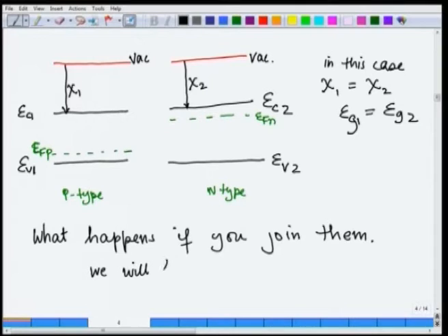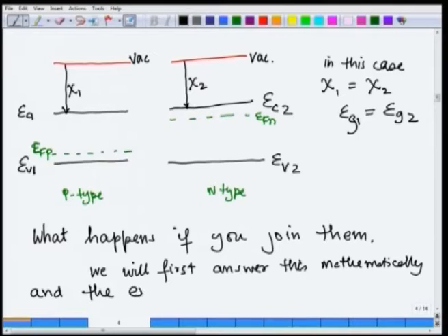We will first answer this mathematically and then examine physically.